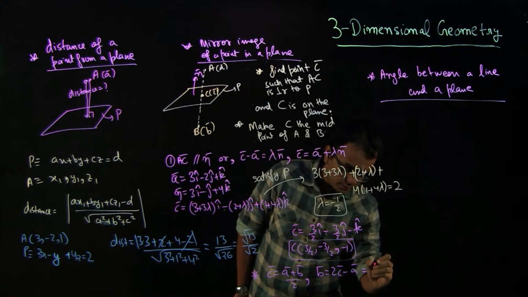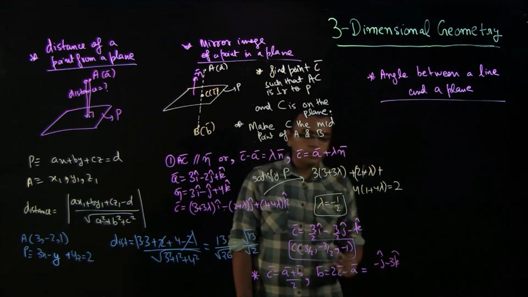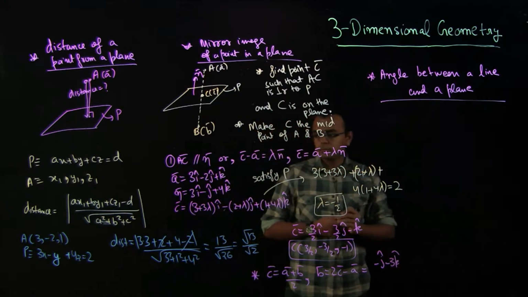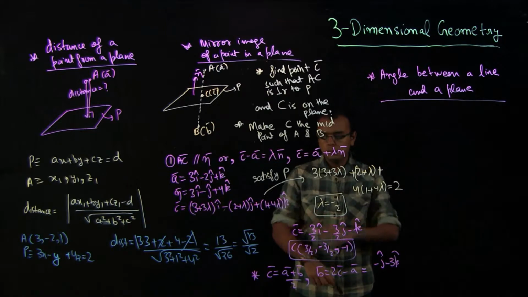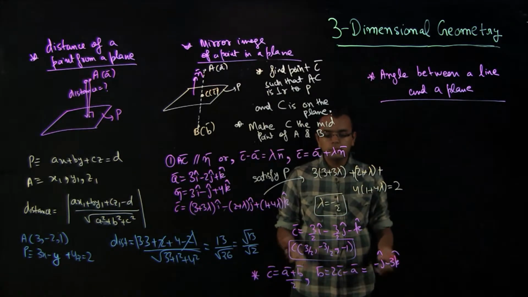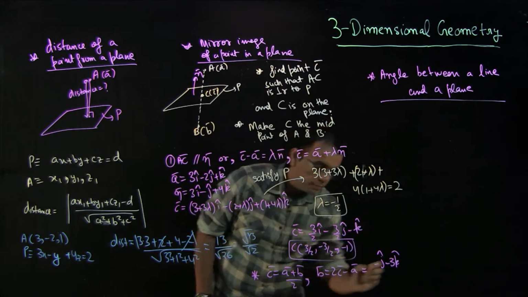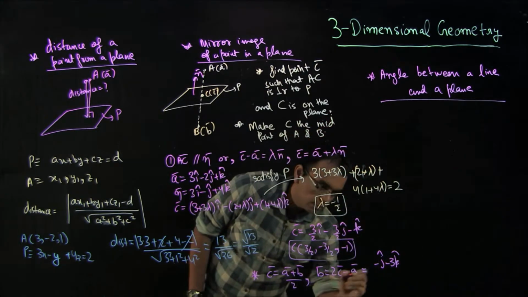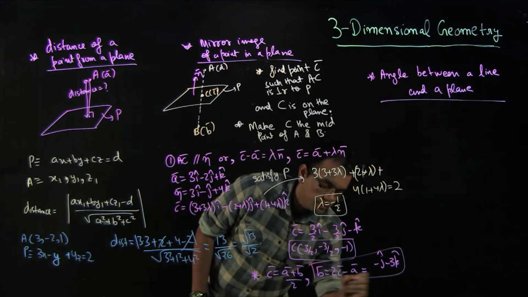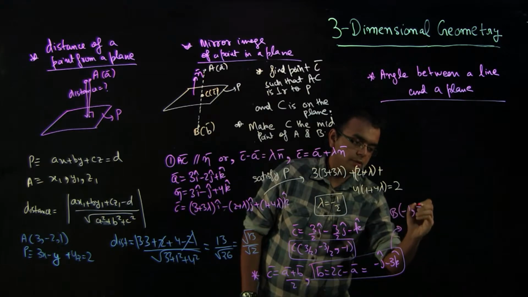So 0 i cap, so the answer will be minus j cap minus 3 k cap. And this is B, so B point is minus 1 comma minus 3.